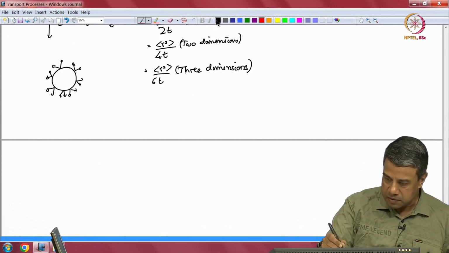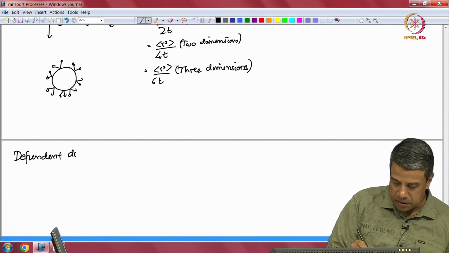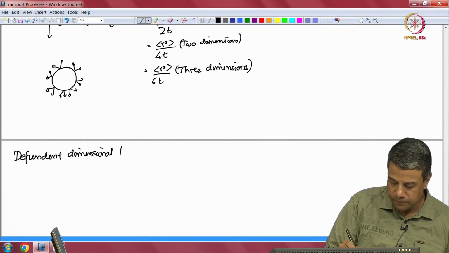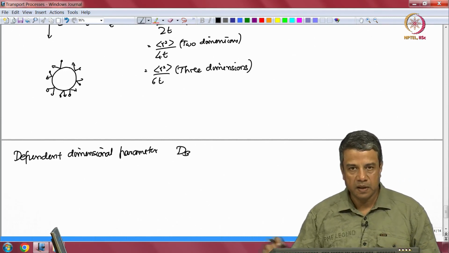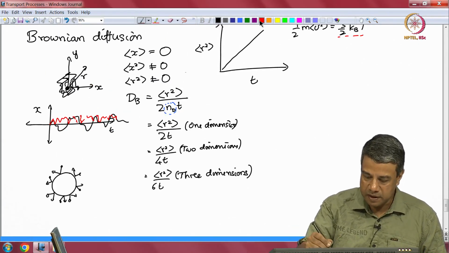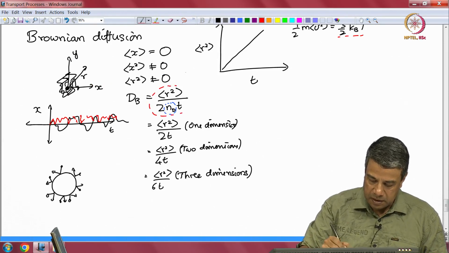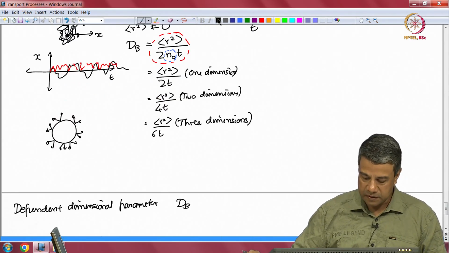the dependent dimensional parameter is dB, and dB as I defined it was equal to a length square divided by time. dB as I have defined it, nd is the number of dimensions, so that is dimensionless, that is equal to length square divided by time.